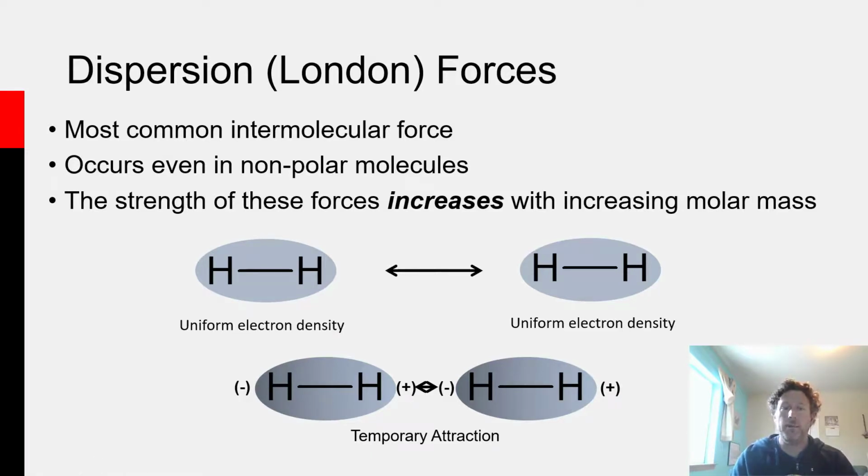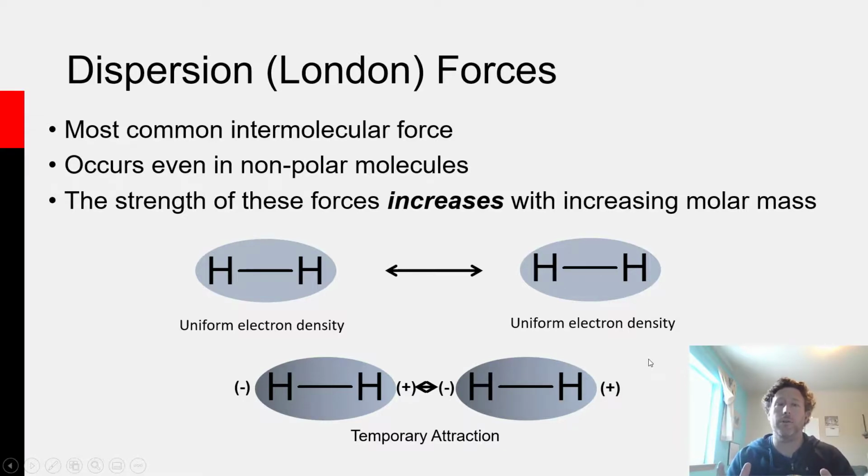But even in a nonpolar molecule like dihydrogen, those electrons being in constant motion, at some point, only two electrons in this whole molecule, sometimes for a very small segment of time, the electrons are over here, not over here, or they're over here, not over here, or they're between the atoms rather than on the outsides of the atoms. And this leads to very temporary regions of electron poor and electron rich surface in the molecule. And that still gets you a weak attractive force that even nonpolar molecules have access to.